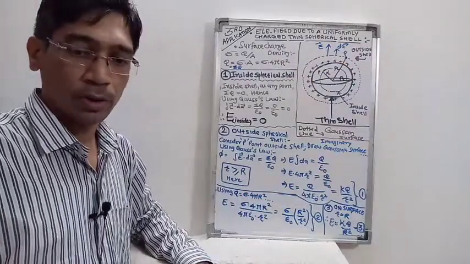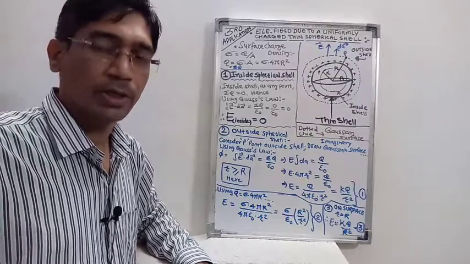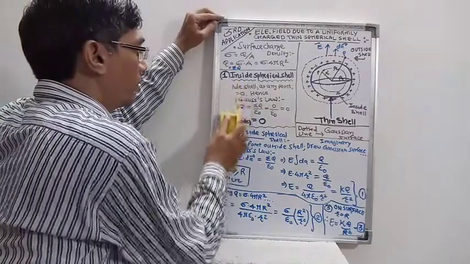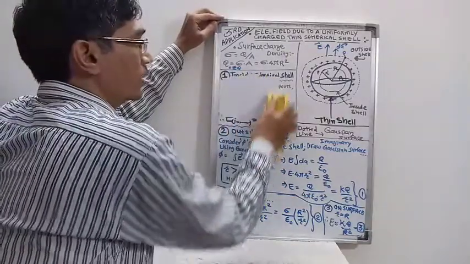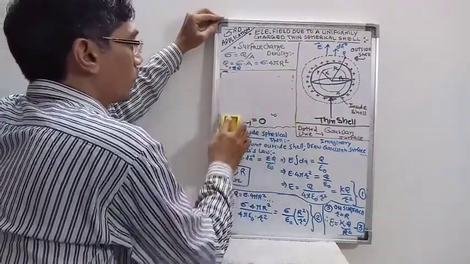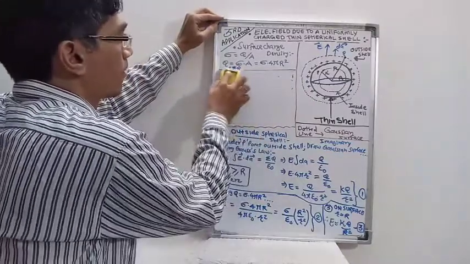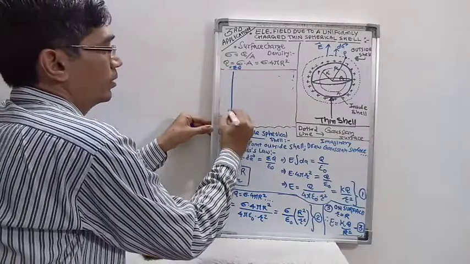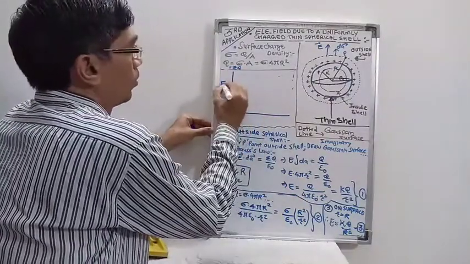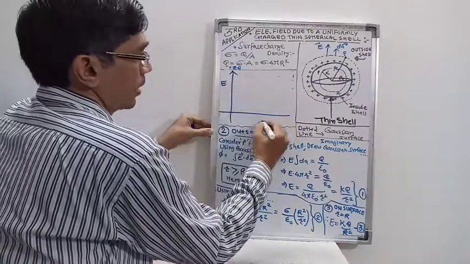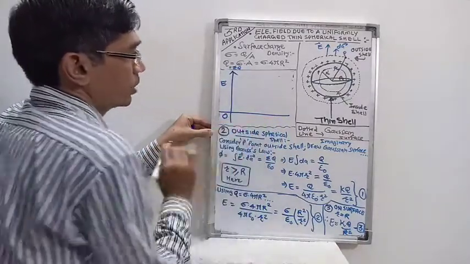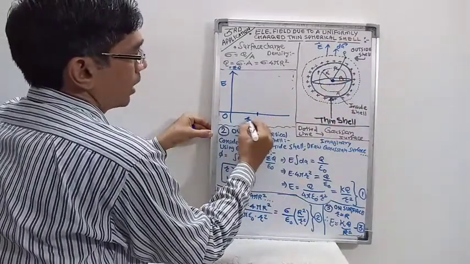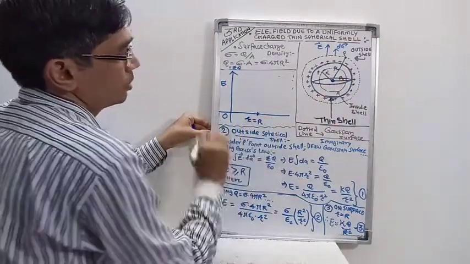Now we can draw the electric field versus distance graph also here. Here we are taking the electric field on the y-axis, and here we are taking the distance, starting from 0. Here this is the 0 point. We can take small r is equal to capital R at some distance.